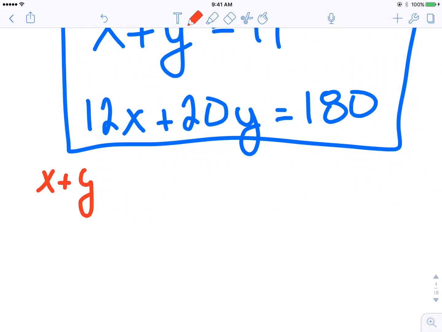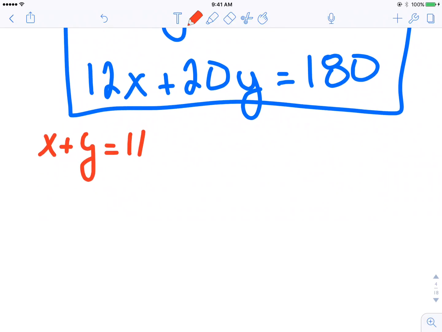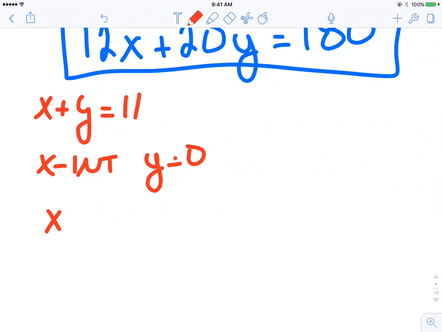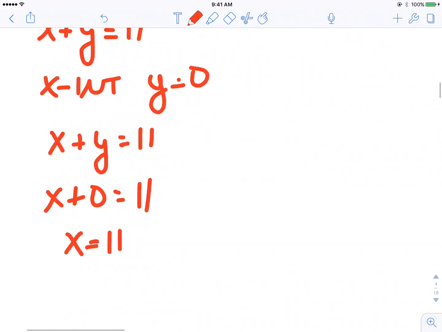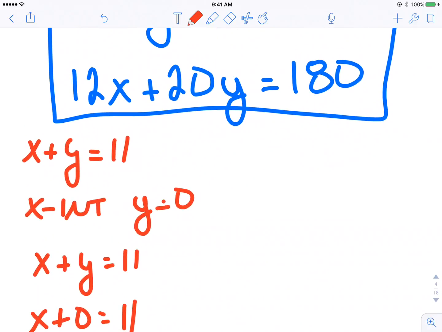So here's my first equation, X plus Y is equal to 11. If I'm looking for my X-intercept, I make my Y equal to 0. This becomes X plus 0 is equal to 11, or X equals 11, giving me a coordinate point of 11, 0. I do a similar calculation for my Y-intercept.